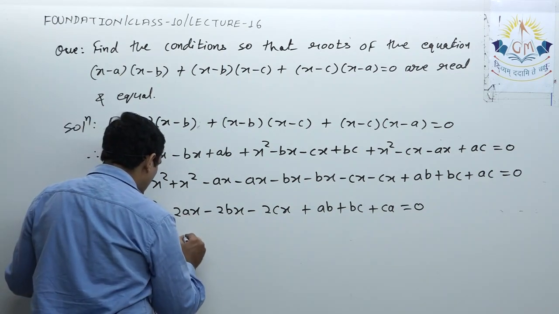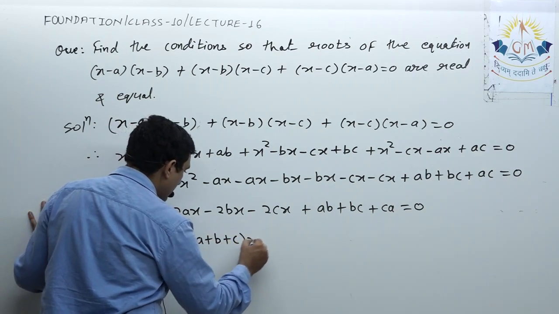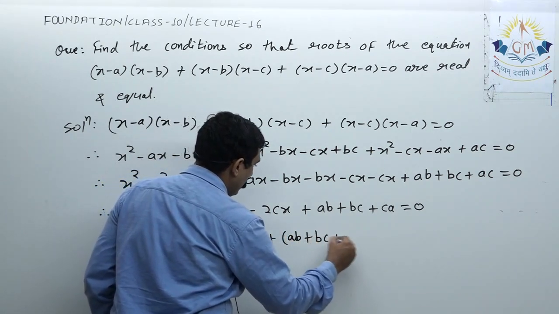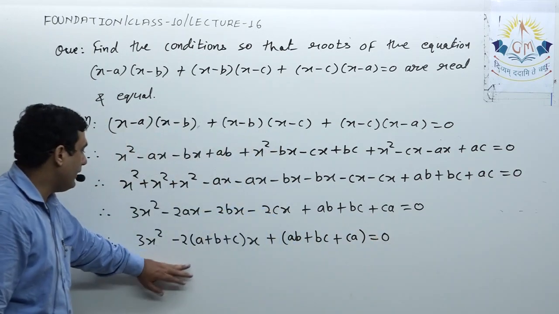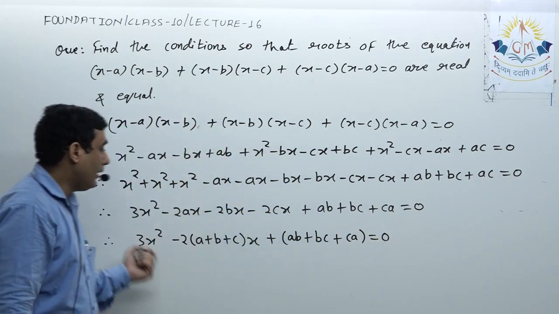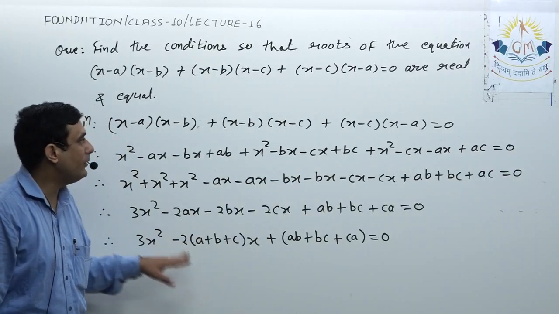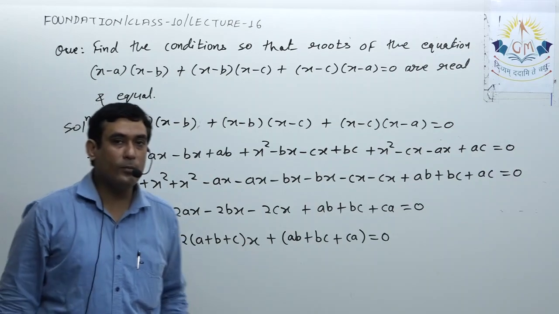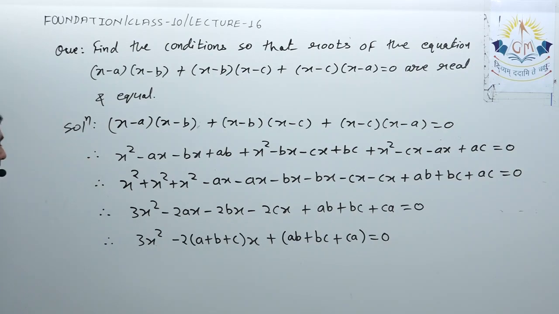So for that I will take minus 2 common: 3x square minus 2(a plus b plus c)x plus ab plus bc plus ca is equal to 0. So this is the standard form of the given equation. Now we have to find the condition for this equation so that its roots will be real and equal. So note it down up to this point and come to the discriminant of this. Then we'll find the discriminant of this equation.